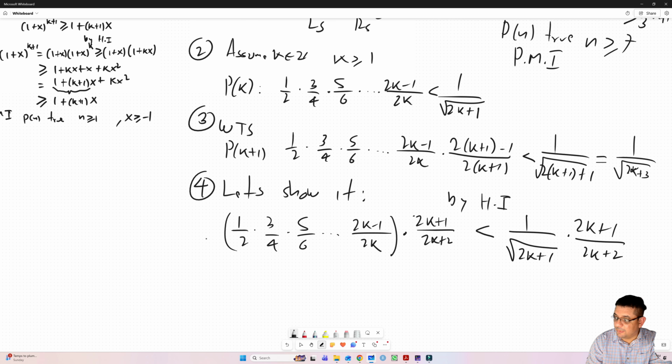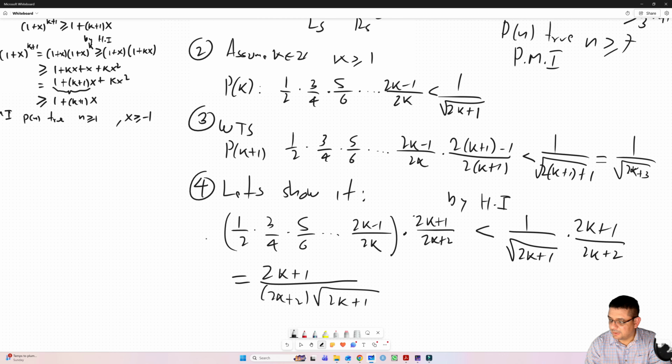Now, I have this one here so far, but notice that this is just equal to (2k plus 1) over (2k plus 2) times the square root of 2k plus 1. And if I cancel out this term with this term, I'm just going to end up with the square root on the top, the square root of 2k plus 1 over 2k plus 2.